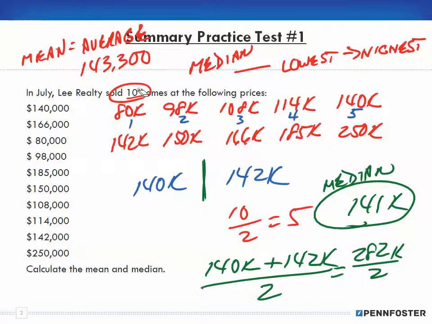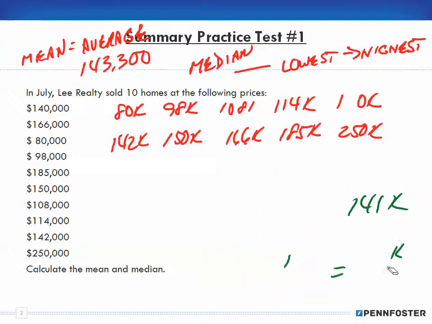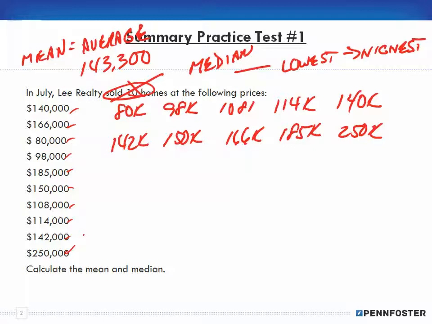Now, just as a quick shortcut for median, you list from lowest to highest. Do I have to list from lowest to highest? Well, if I know that I have 10 values here, or let's say it didn't tell you that there was 10 values, you could go down and count them. 1, 2, 3, 4, 5, 6, 7, 8, 9, 10, okay?